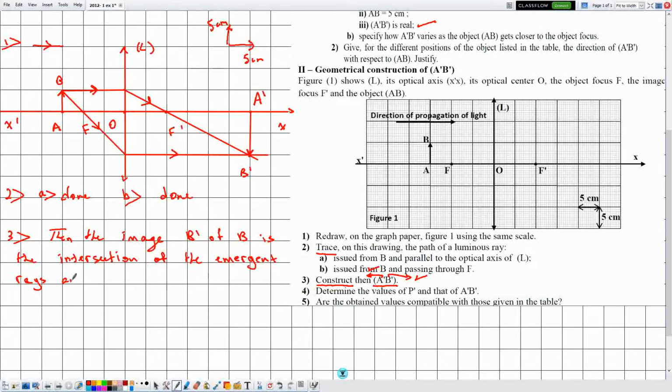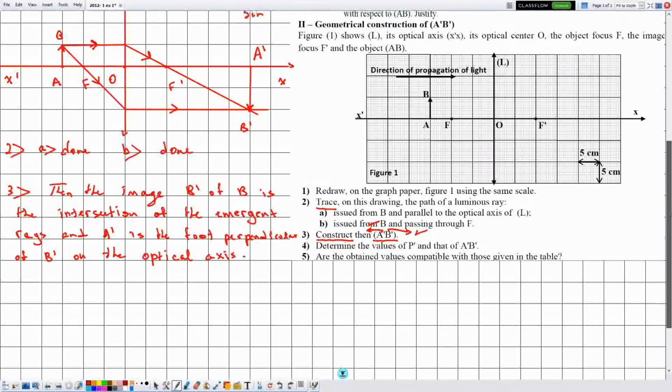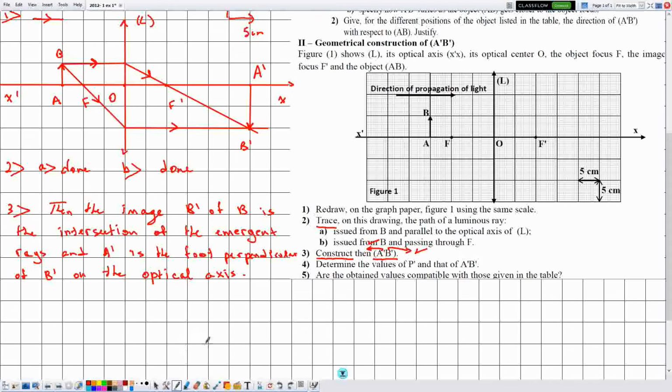A prime is the foot perpendicular of B prime on the optical axis. Okay. Let me make some space.